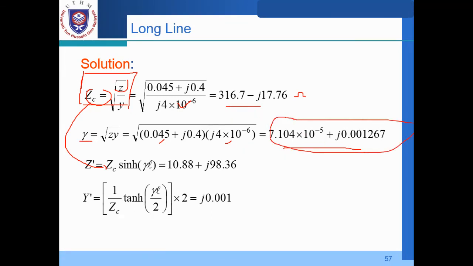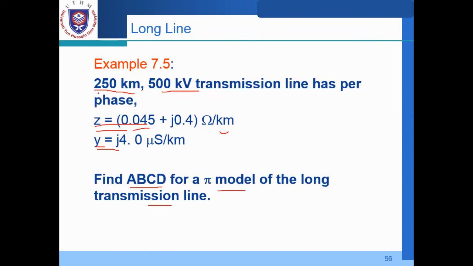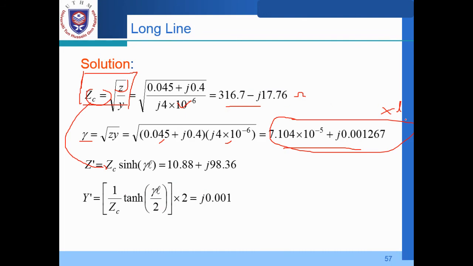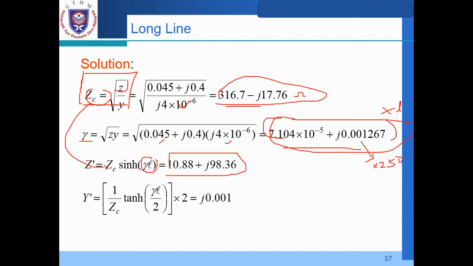This value, just multiply by the L. L is 250, that means you need to multiply by 250, giving the sine omega L. So hyperbolic sine, and then multiply by this ZC, giving Z prime equal to 10.88 plus j19.836.